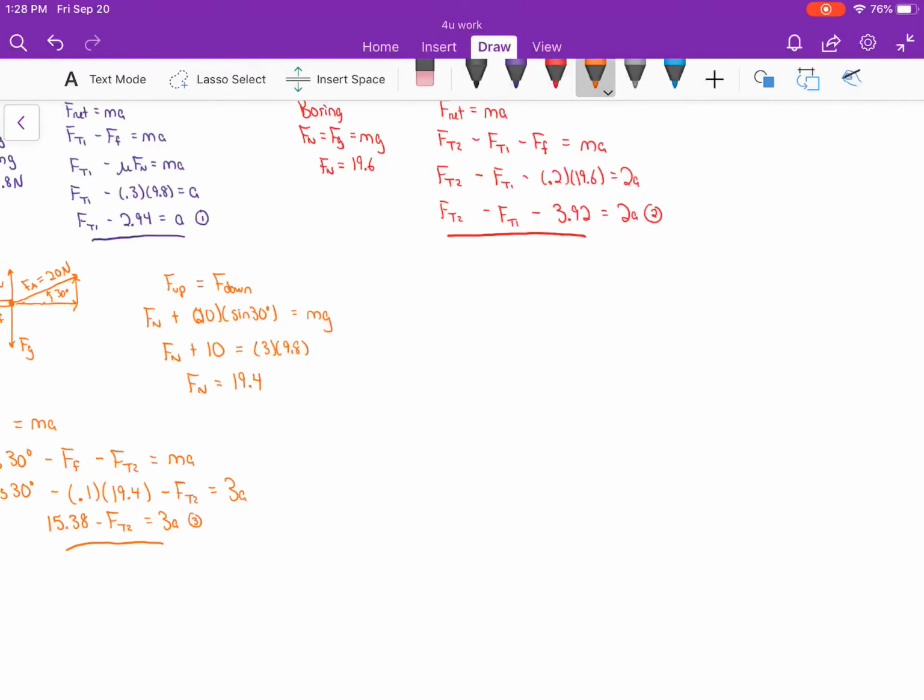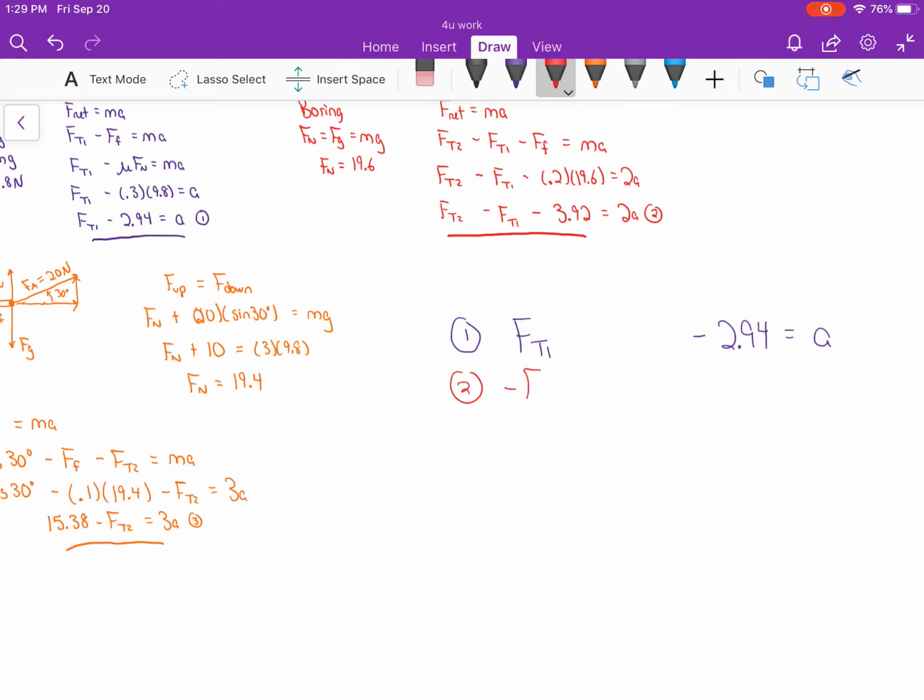If I write them out there, equation 1 was ft1, it didn't have an ft2 in it, take away 2.94 was equal to 1a. Equation 2, I'm going to change the order.